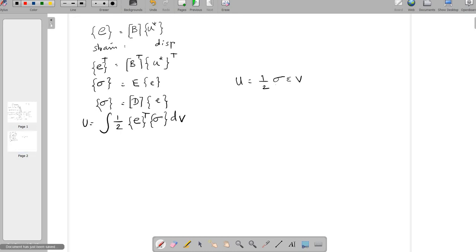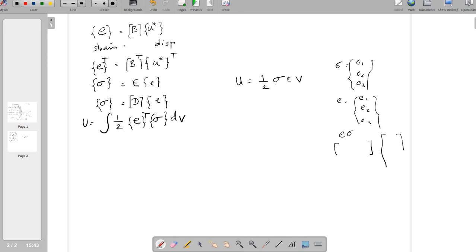Why we are putting transpose? Basically the sigma value will be represented in a column matrix. Similarly, the strain E will be represented in column matrix. But if you are multiplying the sigma and the strain value, either any one of the matrix should be in a horizontal alignment.